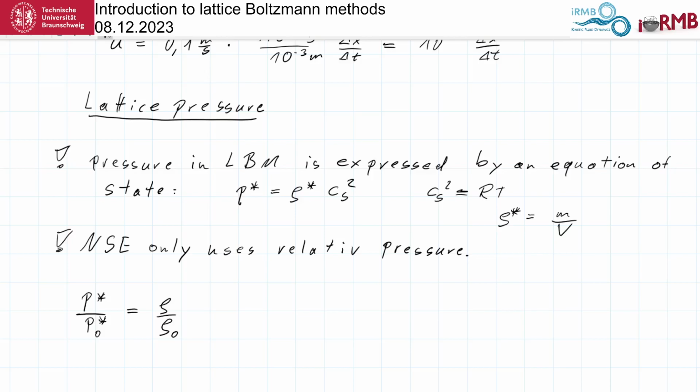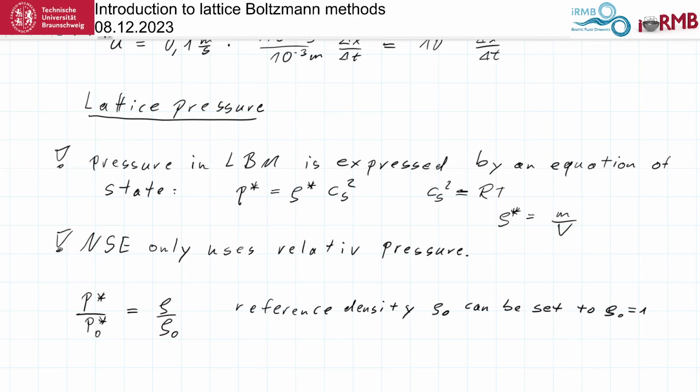Now, still, what we usually do in Lattice Boltzmann is that rho 0 can be set to rho 0 equals 1. So we basically say there is no mass.